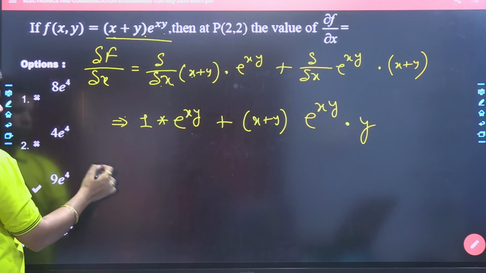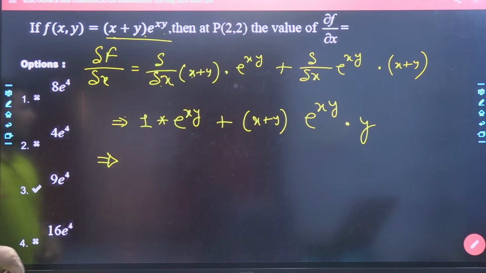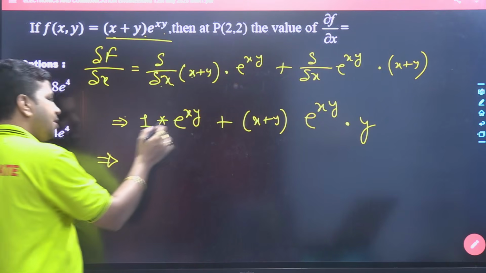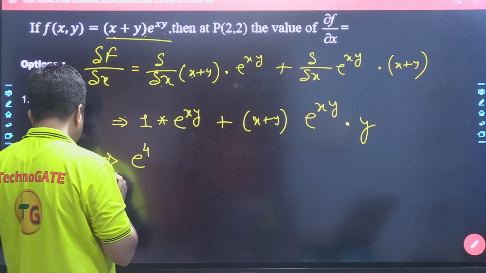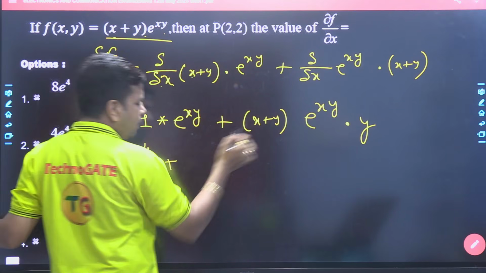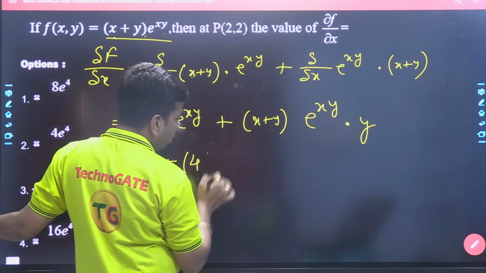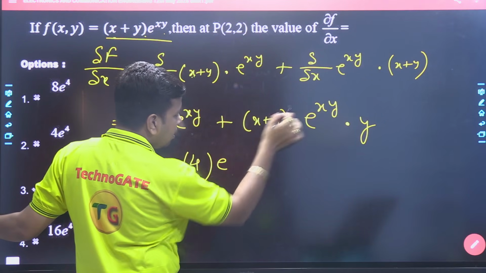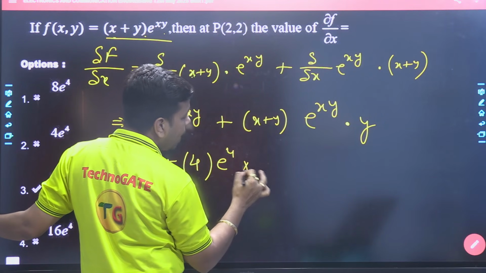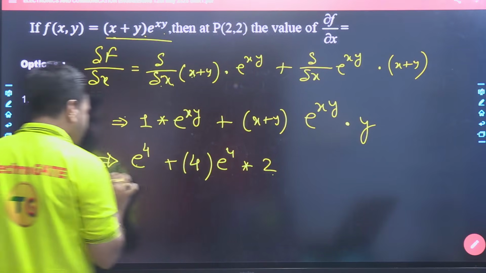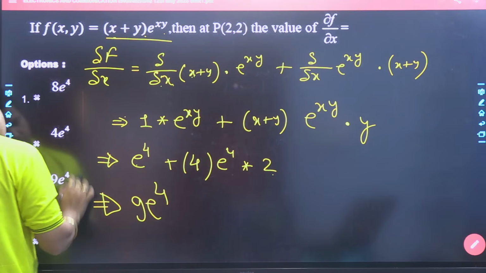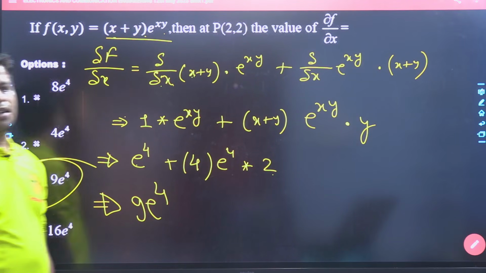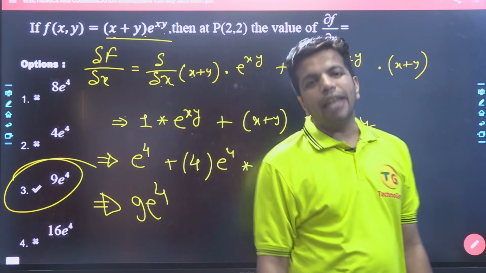So this is e to the power 2 into 2, which is 4, plus 2 plus 2, 4 e to the power xy is 4 multiplied by y, which is 2. 4 into 2 is 8, 8 plus 1 is 9. So this becomes 9 e to the power 4. You can go with the third answer. 9 e to the power 4, that would be your result.